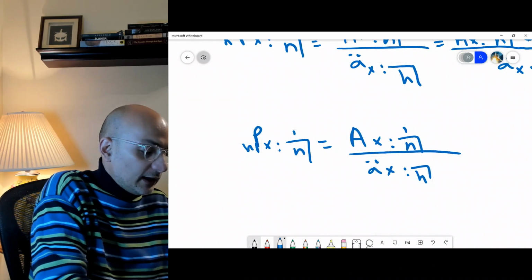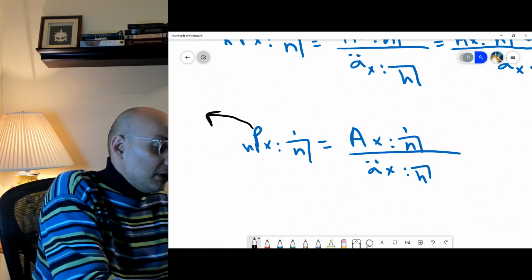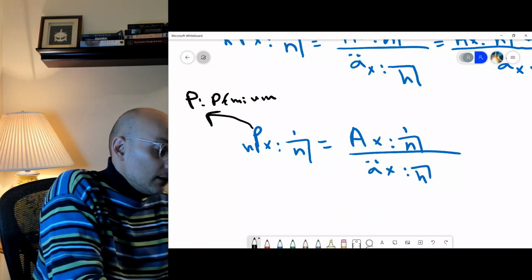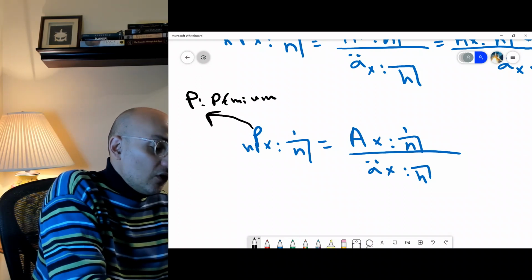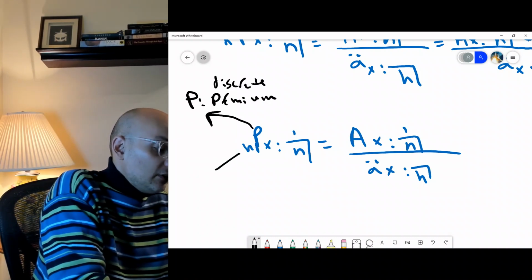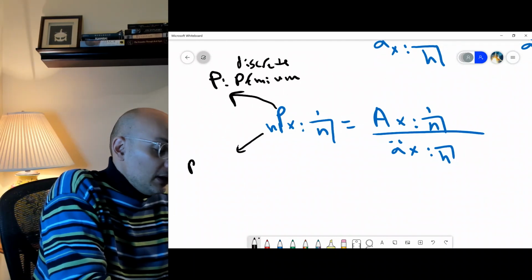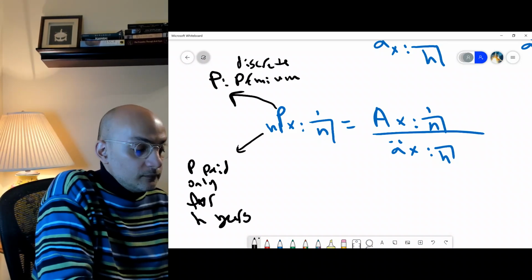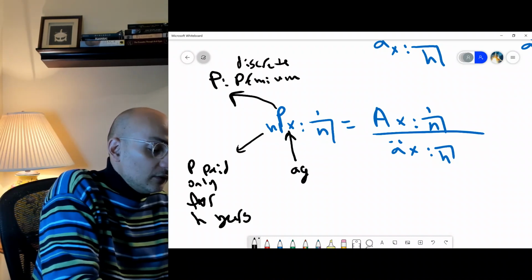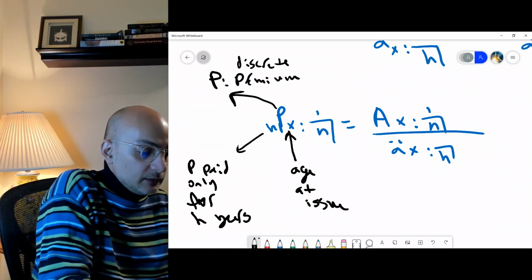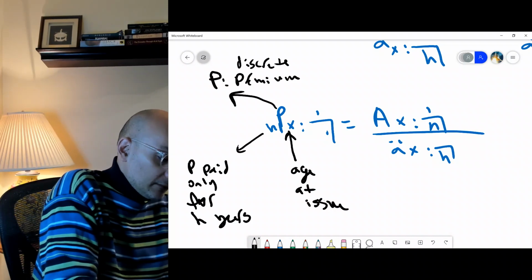Let's see how we can read it again. The P, capital P, is premium. No bar, it's discrete. H, premium paid only for H years. Now X is the age at issue. When we issue the policy, it's age X. Now this should be N, of course.